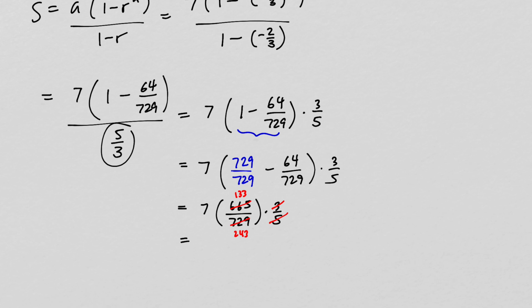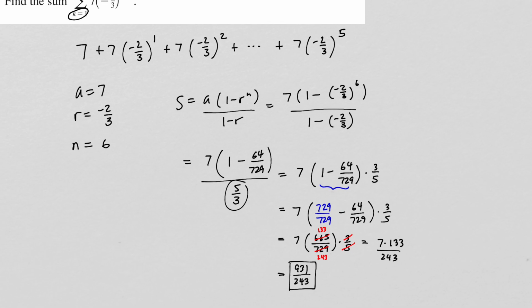So this is equal to 7 times 133 divided by 243. And from there, if we multiply 7 times 133, we're going to have 931 over 243. And that, I believe, is a reduced fraction. And that's the sum of this geometric series.